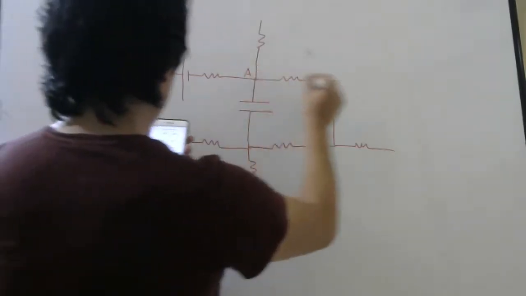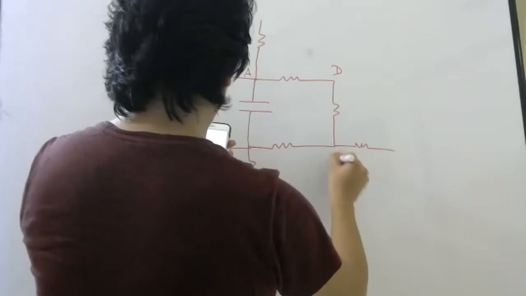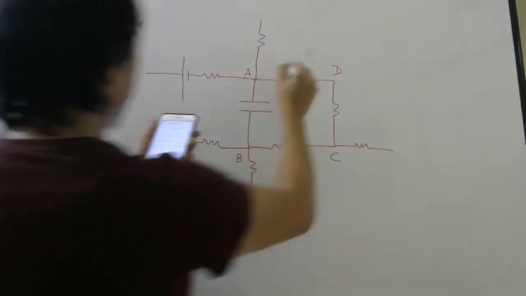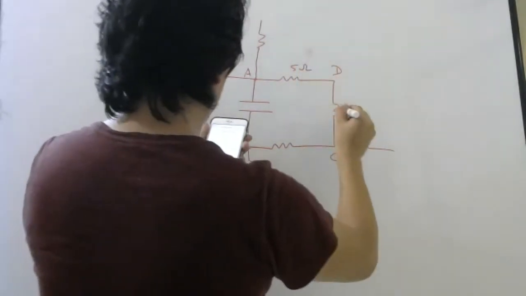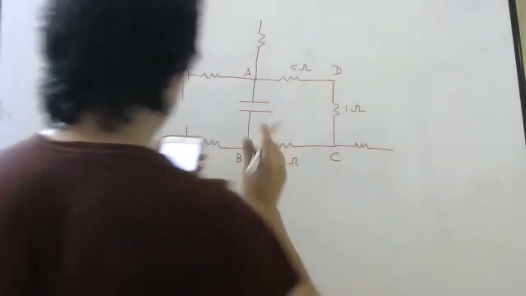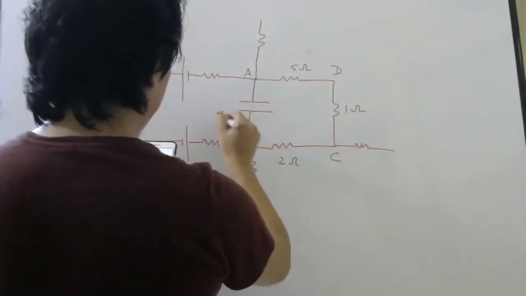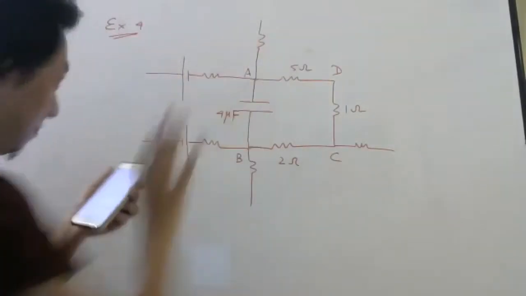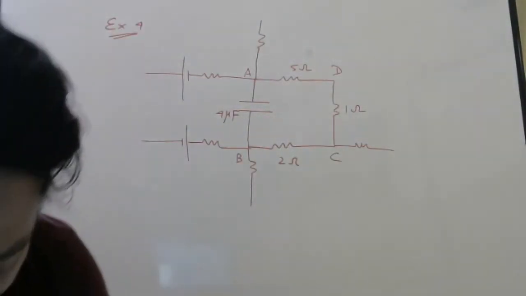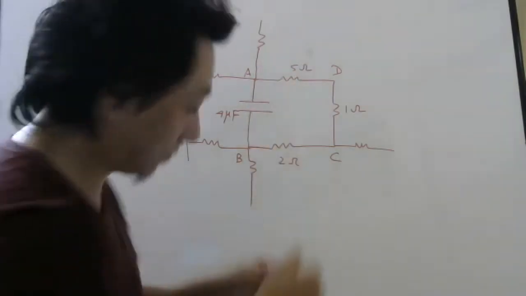A point, B point, C point, B point. Okay. 5 ohm, 1 ohm, 2 ohm. Others I don't need. 4 microfarad. Others I don't need. Only this is important for me. That's why don't get scared. Only look at this part.